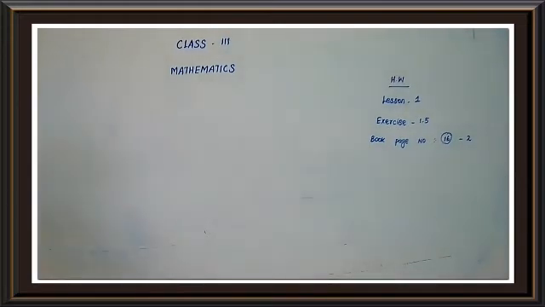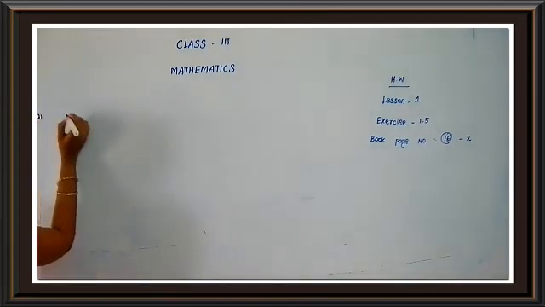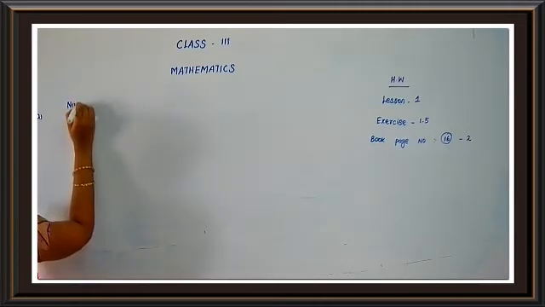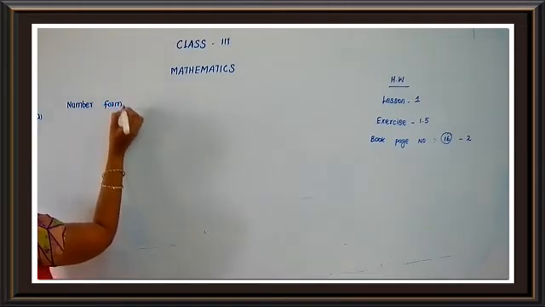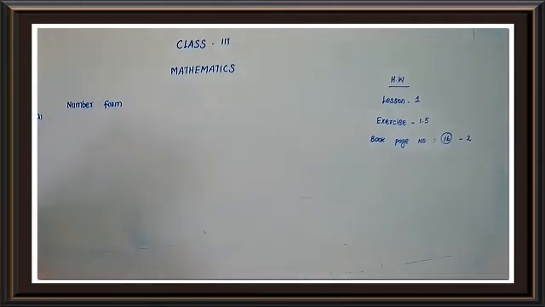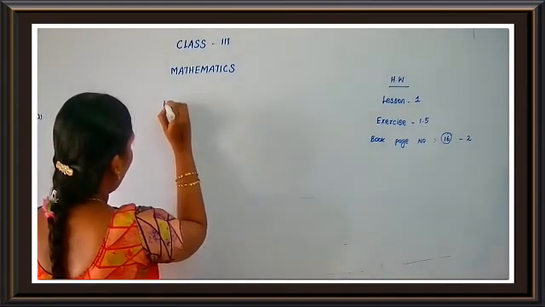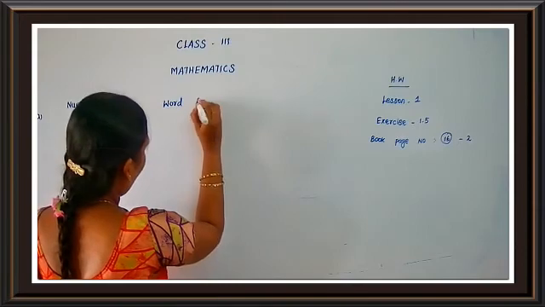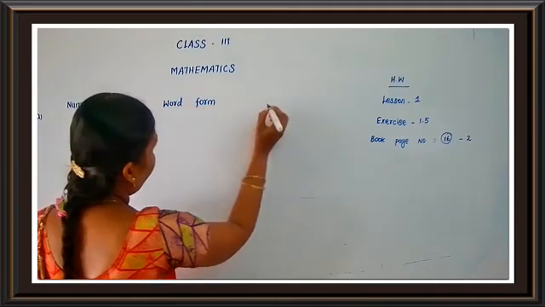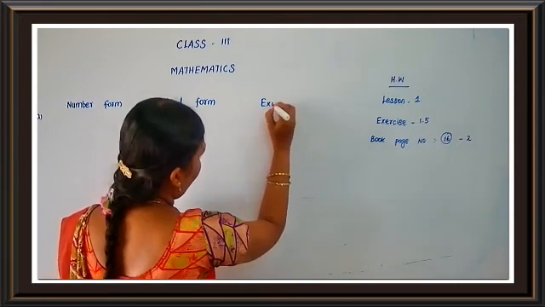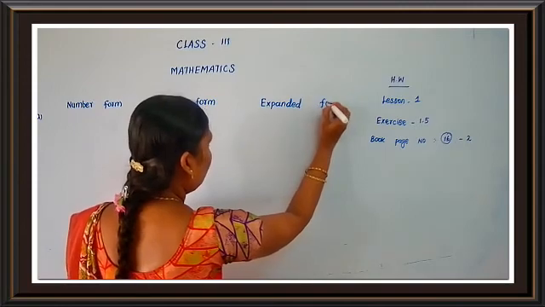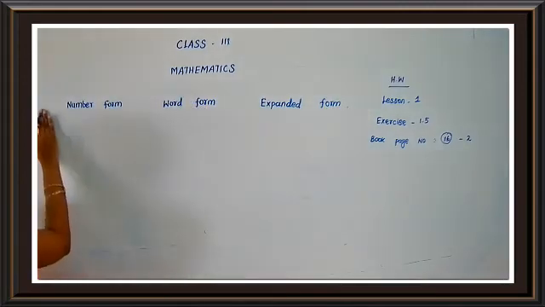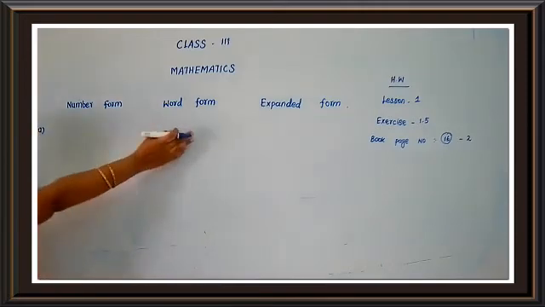Now we want to write the number form and expanded form. Here, number form, N-U-M-B-E-R, number form. Then word form, W-O-R-D, word form. Then expanded form, E-X-P-A-N-D-E-D, expanded form.